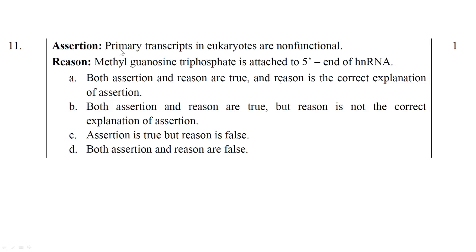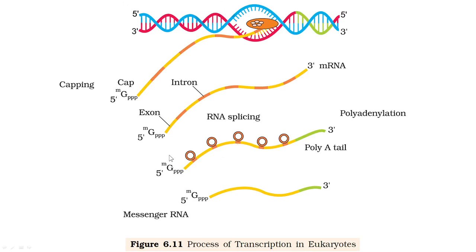So the first statement, the assertion, is correct. So option D can be cancelled. And the second statement is the reason: methyl guanosine triphosphate is attached to the 5' end of heteronuclear RNA. If you look over here, methyl guanosine triphosphate is located on the 5' end of the transcript.